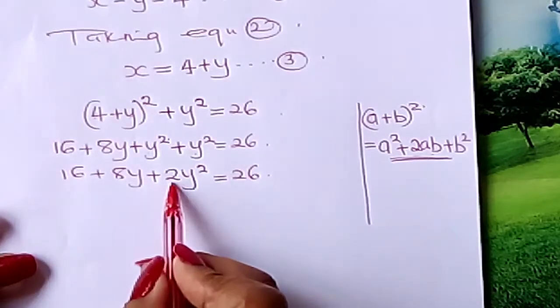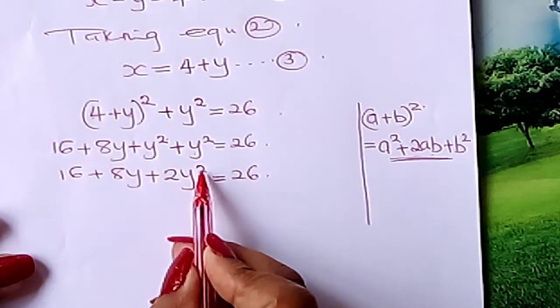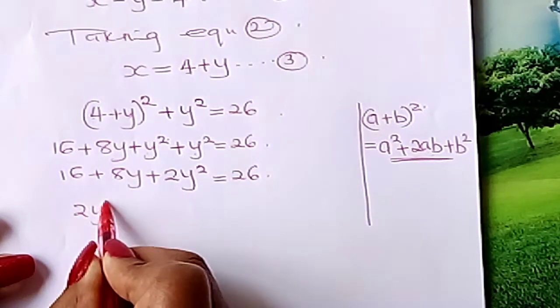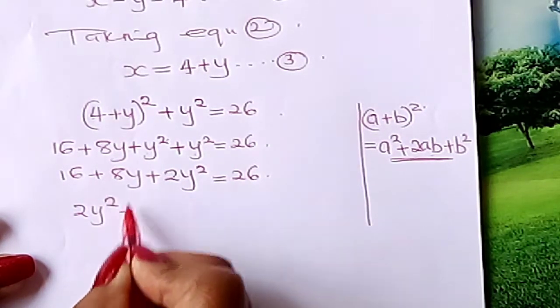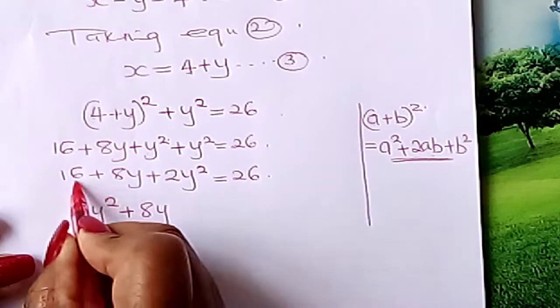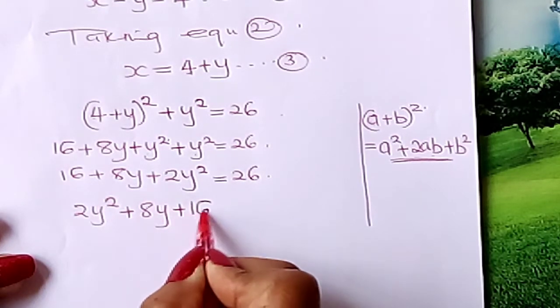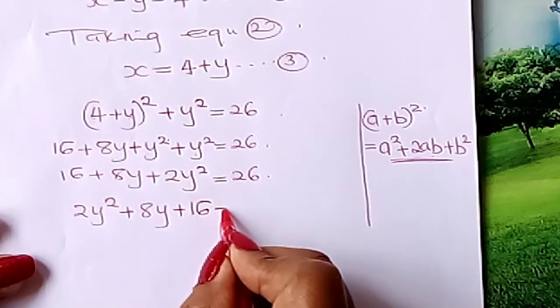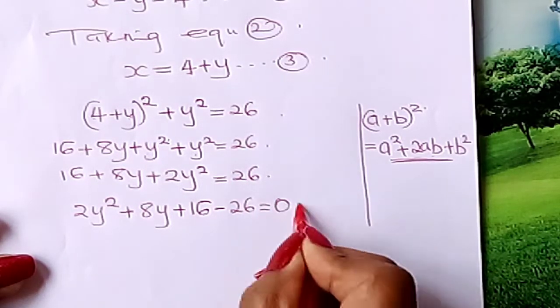From there, learner, this is quadratic. Once you see this power, square, you can rearrange it now: 2y squared plus 8y plus 16. Then you bring this on this side, it becomes minus 26 is equal to 0.